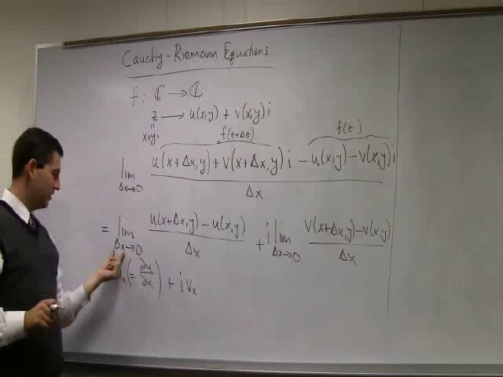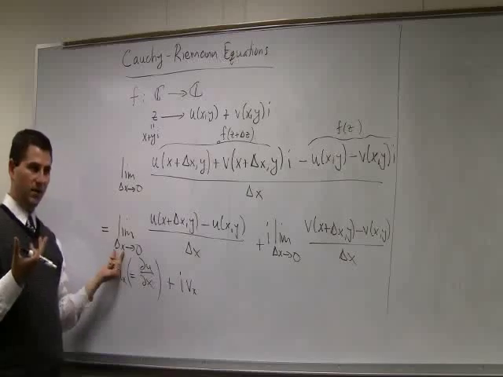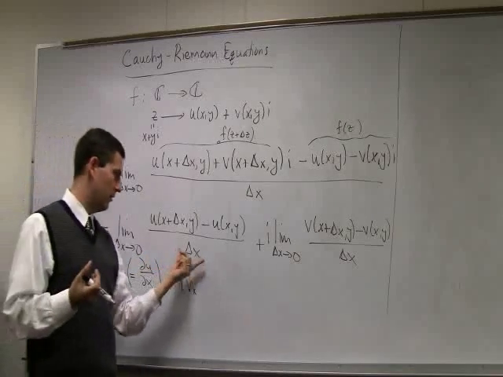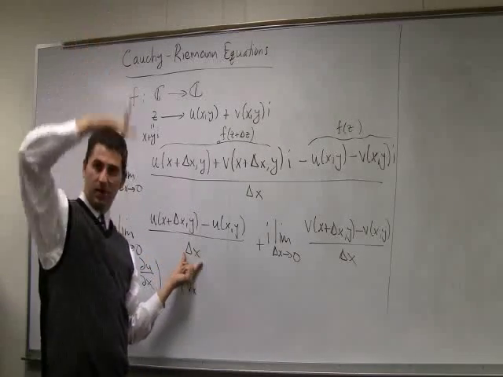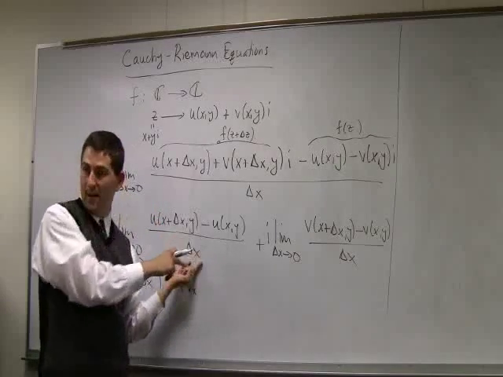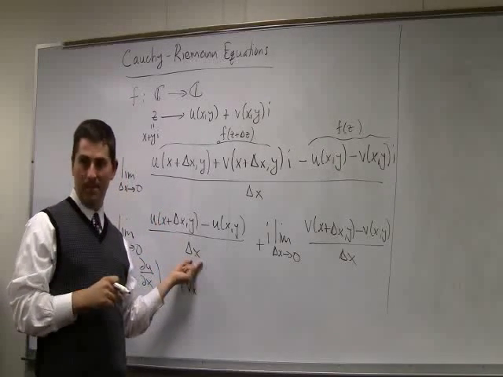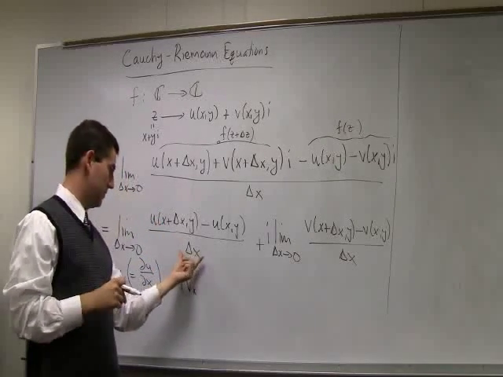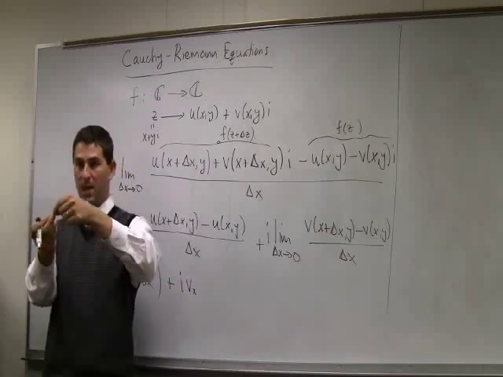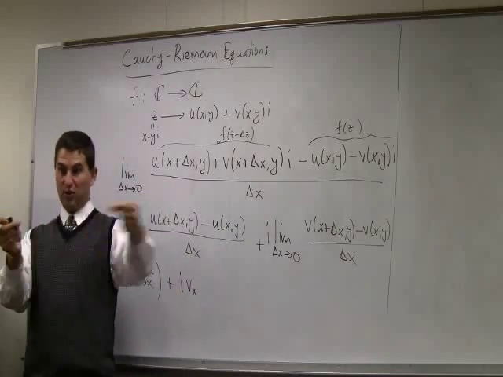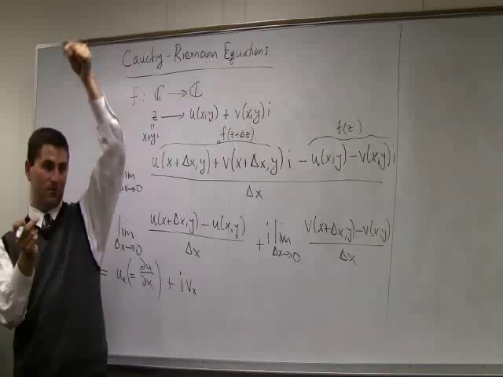So if you want delta y to be going to 0 as a real number, this down here is supposed to be on the imaginary axis. It actually needs to be i delta y, because that's how much you're changing. You're not changing by a number in the real direction. You're changing by a number in the imaginary direction.